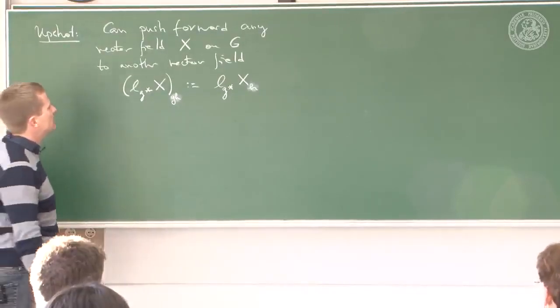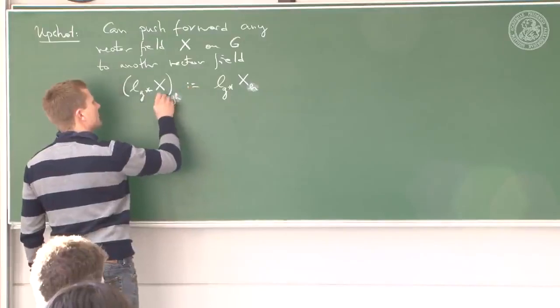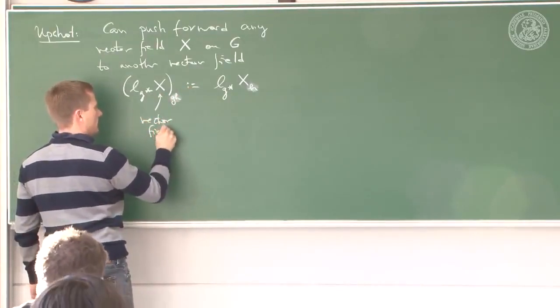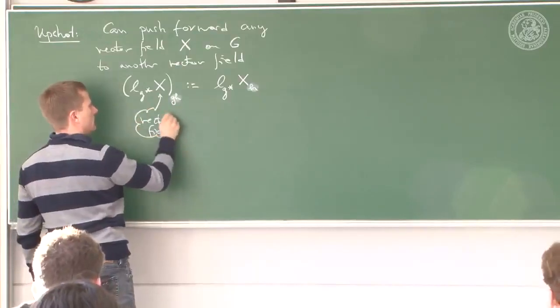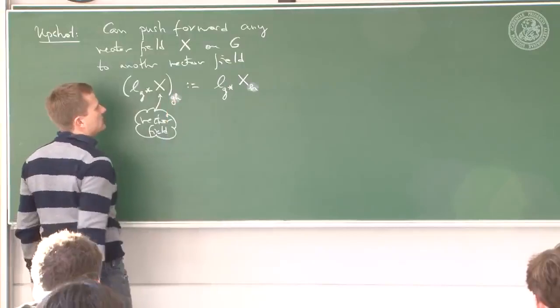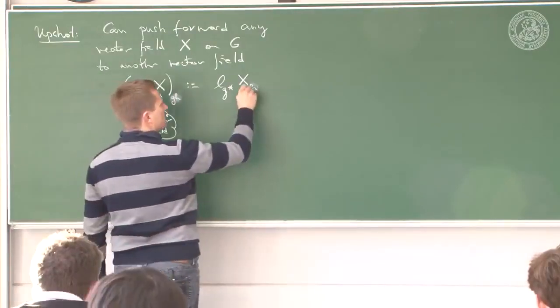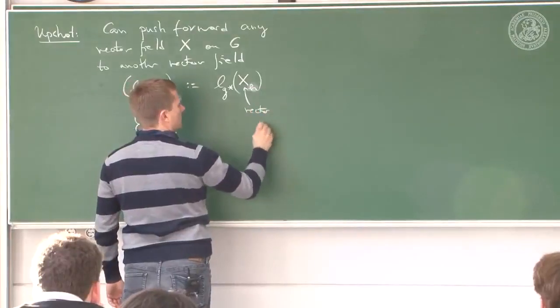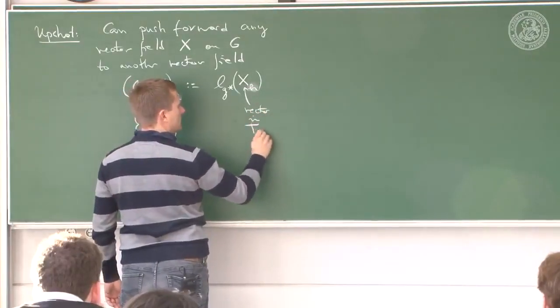Okay, so that's just the definition. You see, this is a vector field, and the result is a vector field, and it's evaluated at gh. And this here is not a vector field, this is a vector in T_{gh}G.